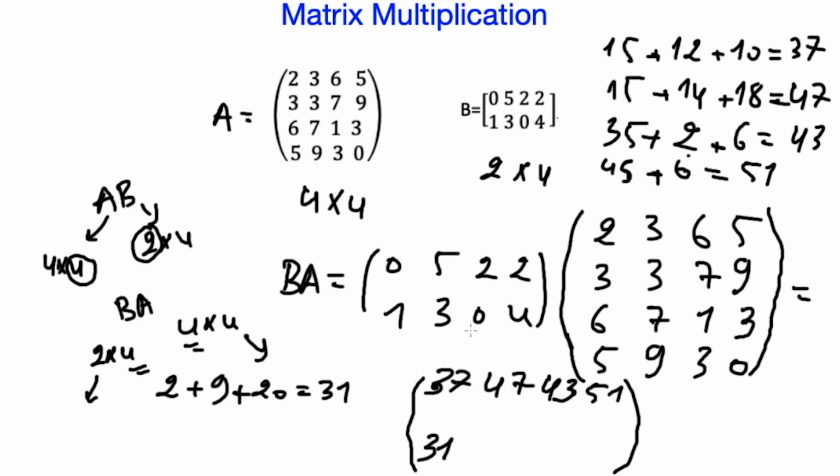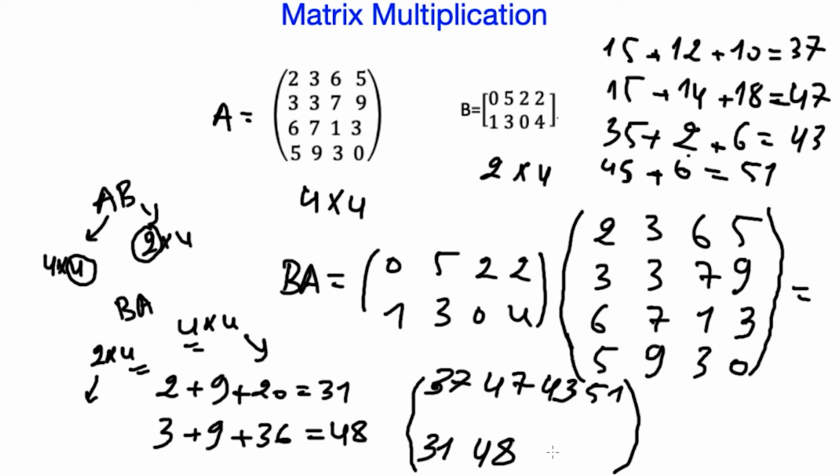And to get this entry here, we will multiply this row with this column, so it is 1 times 3 is 3, 3 times 3 is 9, 0 times 7 is 0, and 4 times 9 is 36, which equals 48.